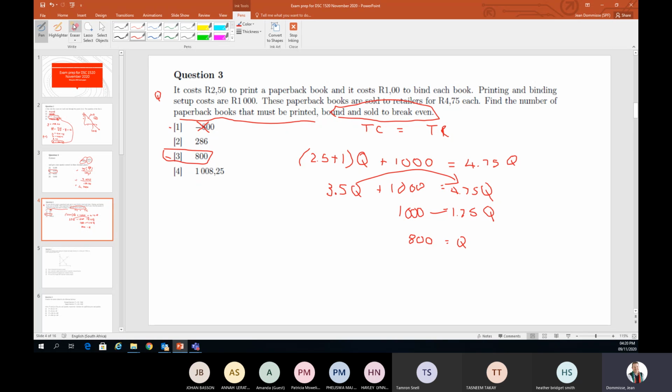So then that is still 4.75. But when I take that over, it is actually 1.25. So 1,000 divided by 1.25 gives me 800.